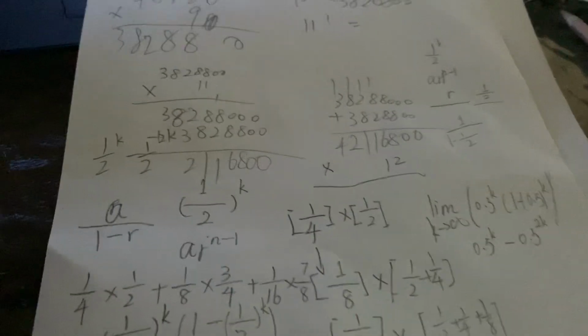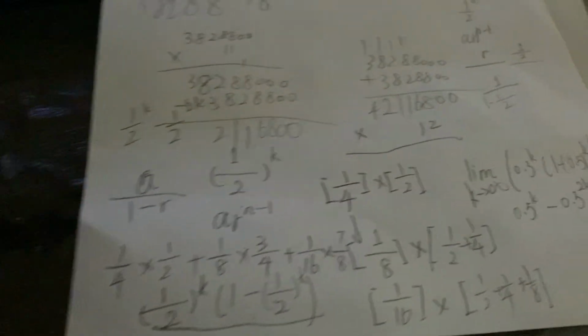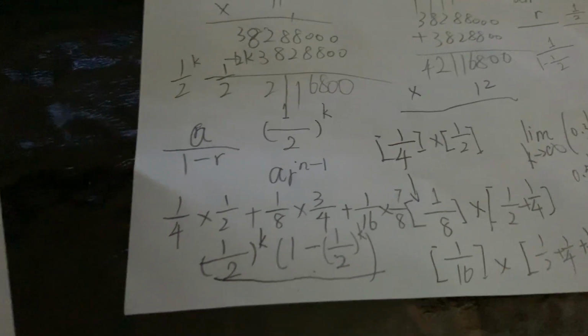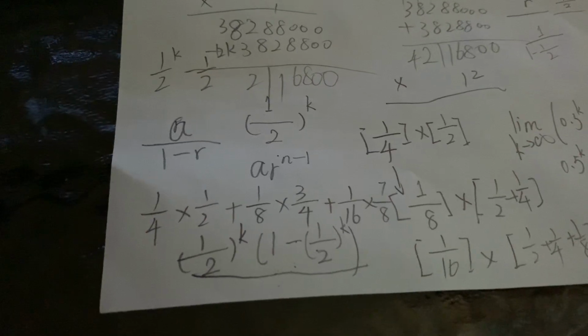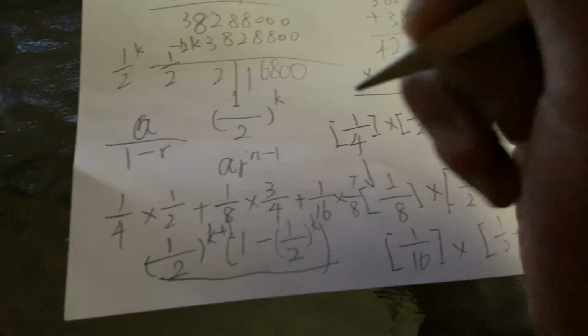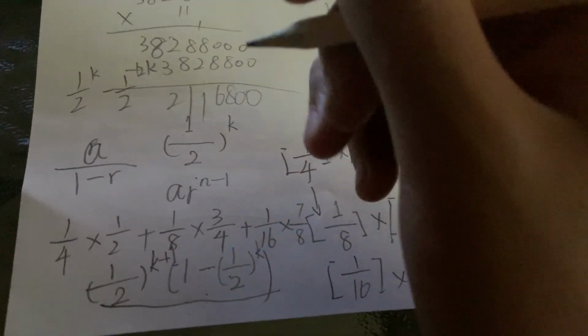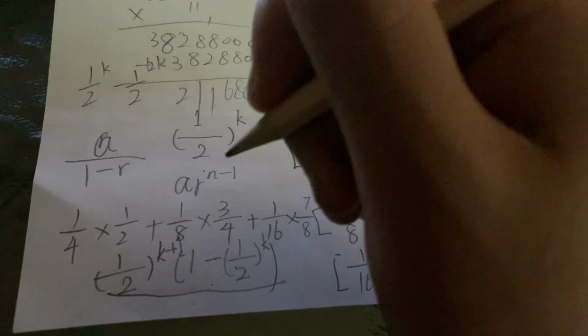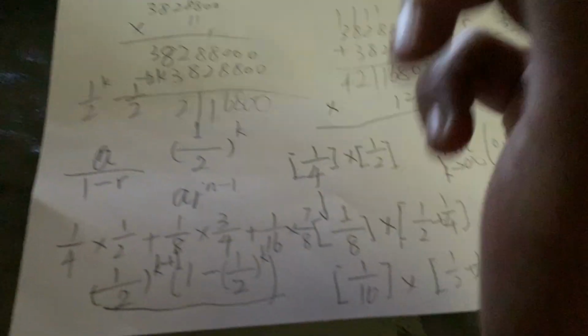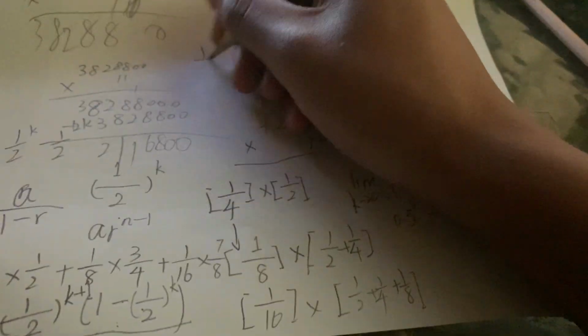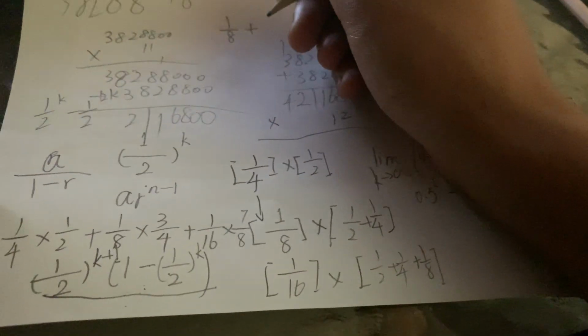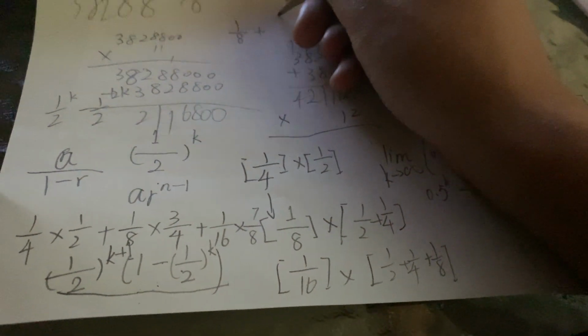Okay, what we can do now is only attempt a result. So it's like this. We try the terms 1, 8 and see what it converges to.